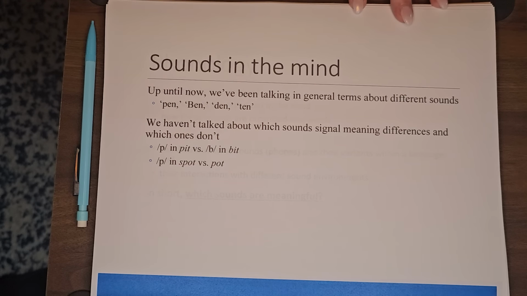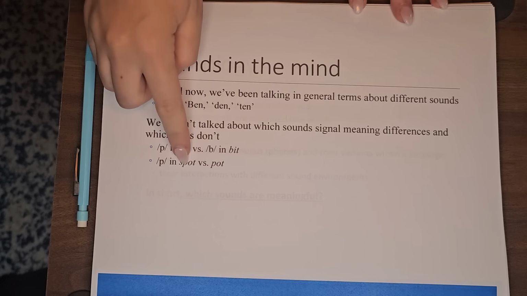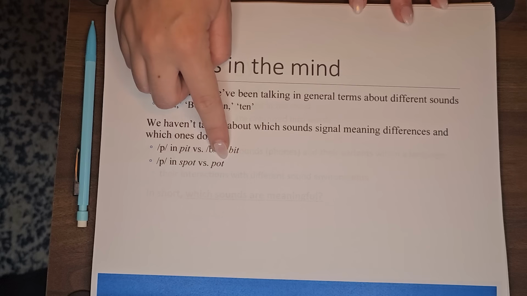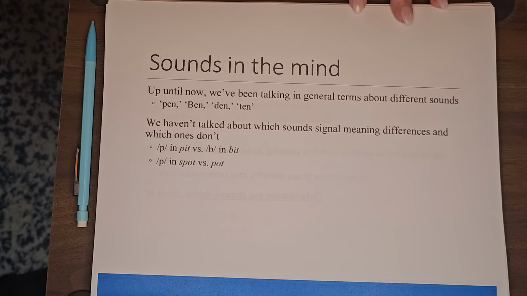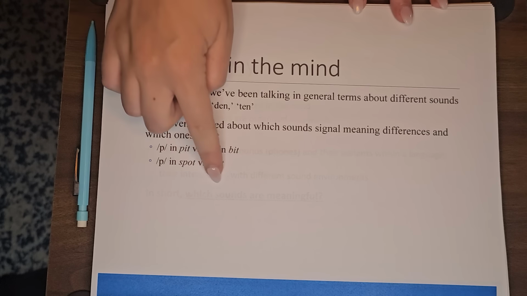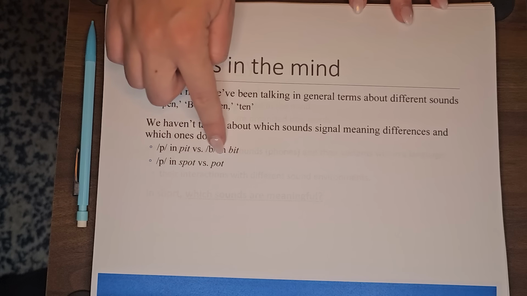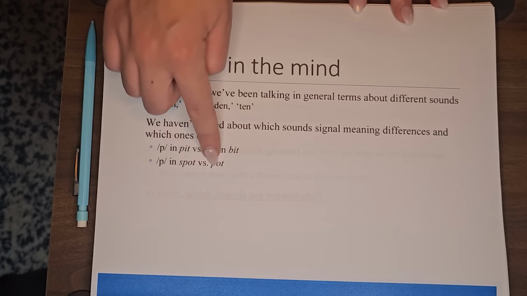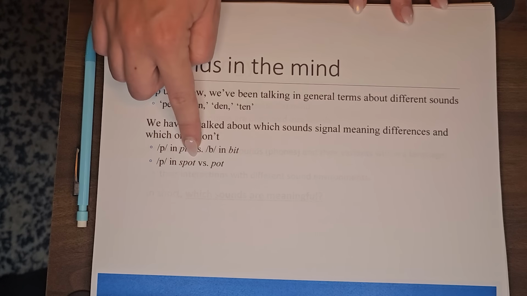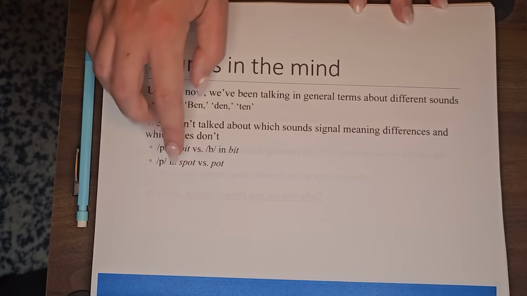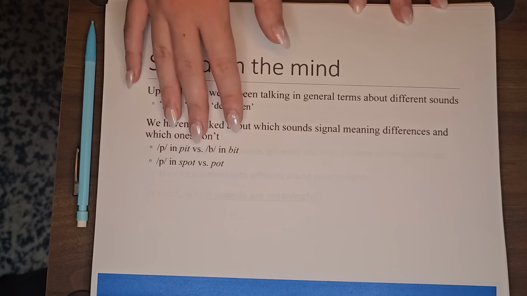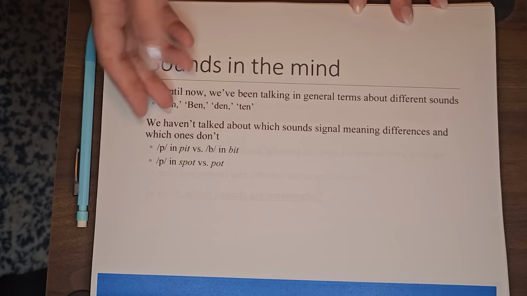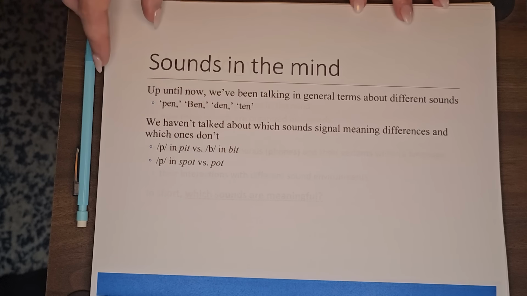If you hold your hand in front of your mouth and say spot, spot, and then you say pot, pot, you can feel a little puff of air when you say pot and not when you say spot. This means that these sounds are produced differently, even though we might consider them to be the same sound.